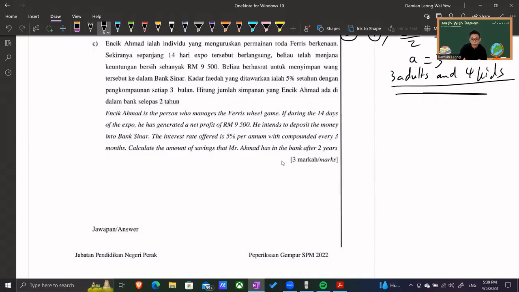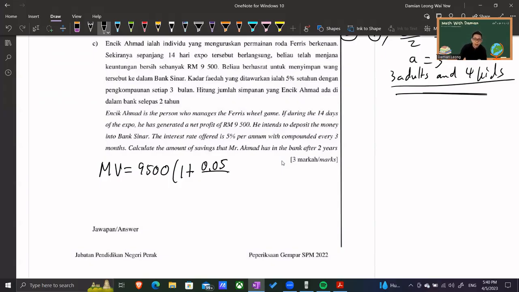Yeah, so this is compound interest. I want amount of savings that Mr. Ahmad has in his bank after 2 years, means the matured value. So principal 9,500 times 1 plus interest rate 5%, 5 divided 100, so I put 0.05 over n.